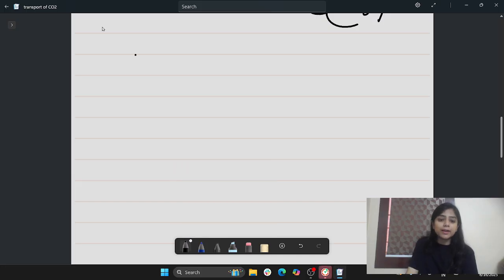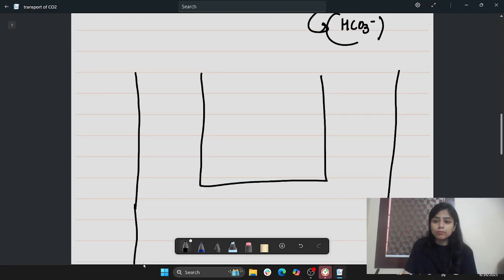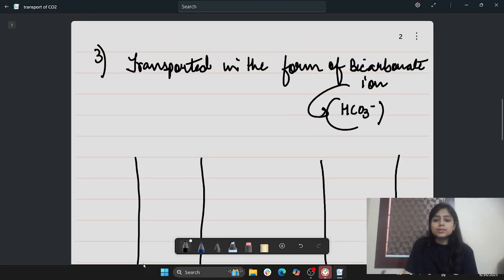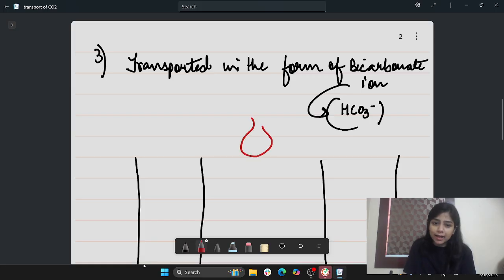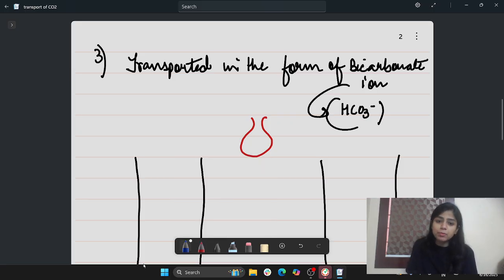Let me first draw the diagram. Just give me a moment. Suppose, students, as we discussed in the last video, this is my alveoli, and there were blood capillaries present, with a vein and an artery, and obviously a network of capillaries here.